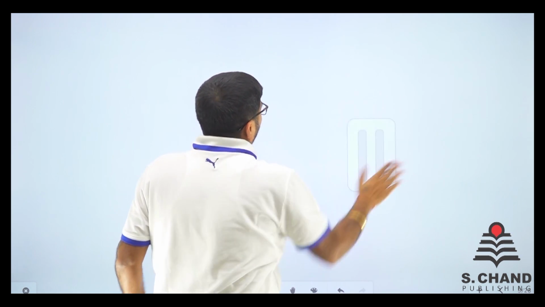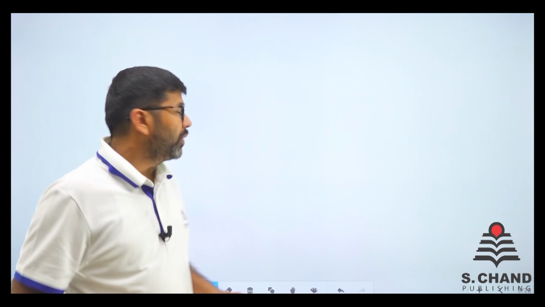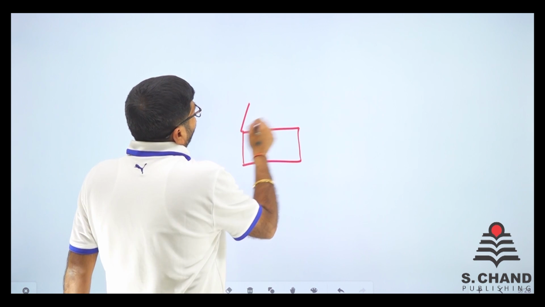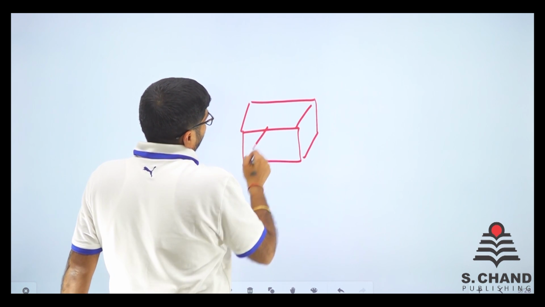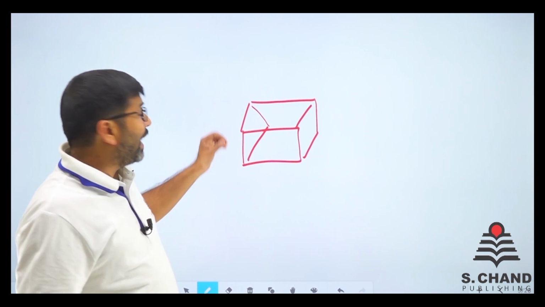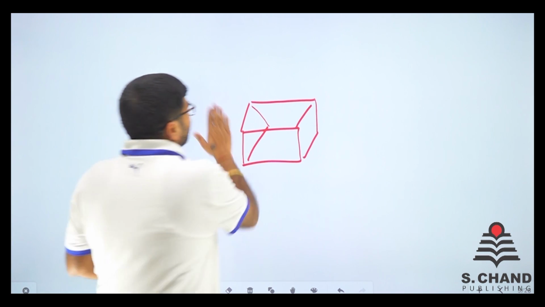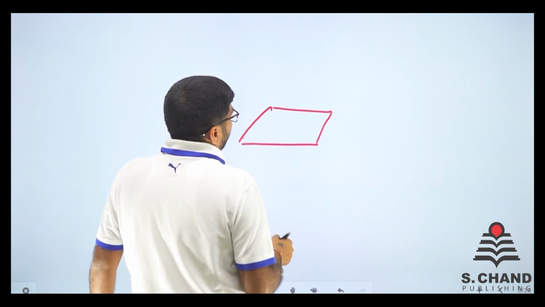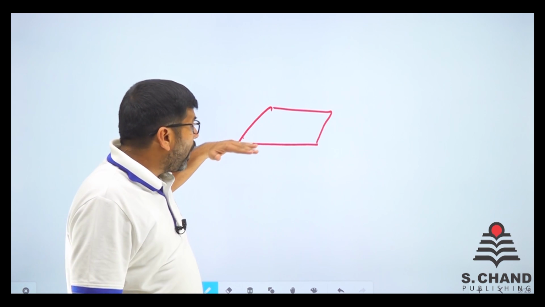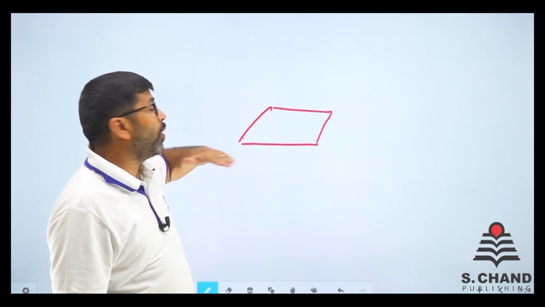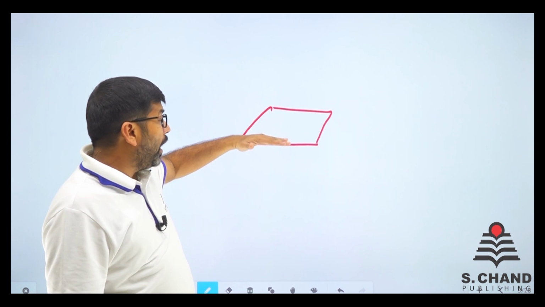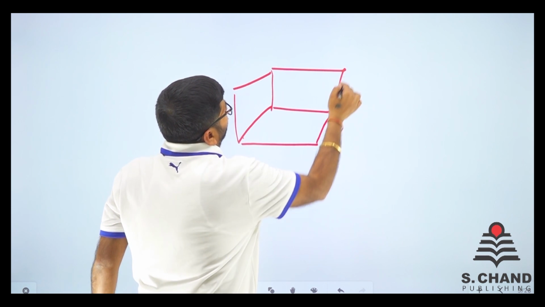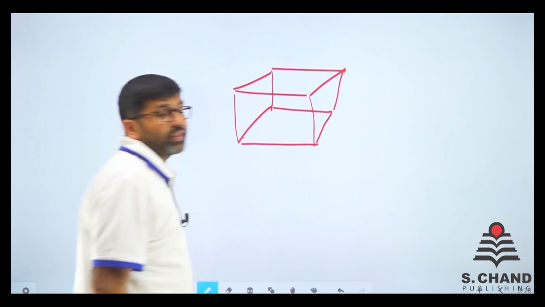Now, the basic formula behind any volume formula: say, if I have a square and from that square I form a cube, imagine this square, and you put one square, one square, one square, and pile up the squares. That piled-up square will become this cube, if you understand my point.